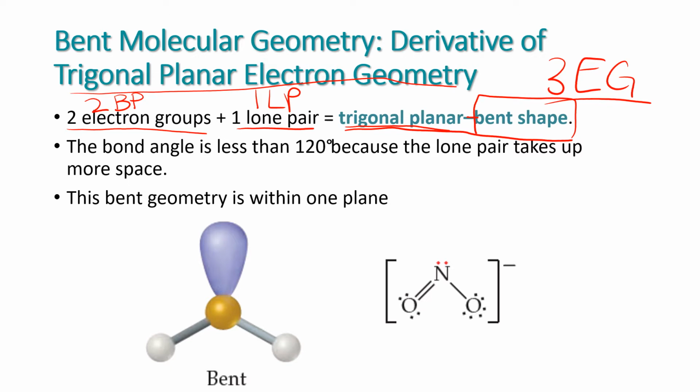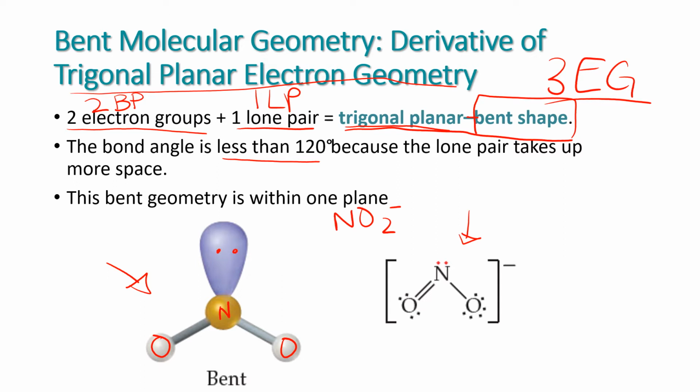You have a bond angle of slightly less than 120, and this is due to the fact that the lone pair, so here we have an example of NO2 minus, this is nitrite, and the shape for NO2 minus, and this is the Lewis structure, so that's where we're basing it off of. We have our 2 oxygens, and then we have our lone pair on top of that nitrogen.